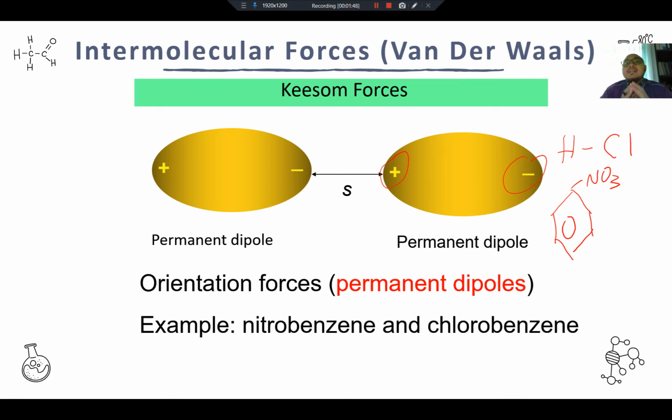How about Keesom forces? Keesom forces involve the molecular interaction between a dipole molecule and another dipole molecule. So there are two dipoles. For example, here the interaction between HCl and HCl.